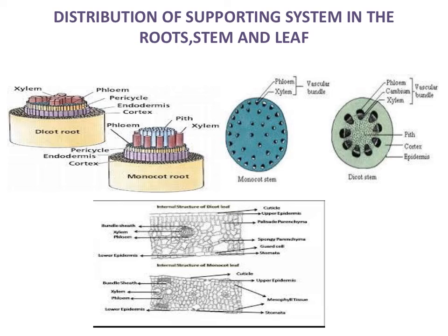For monocot stem, you have phloem and xylem transporting food and water respectively, either from the leaves to the roots or from the roots to the leaves. For the dicot stem, phloem, cambium, xylem, the pith, cortex, and the epidermis. So these are the supporting tissues or the supporting systems in the roots, stem, and the leaves of plants.